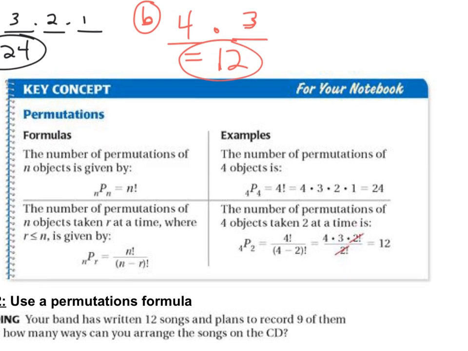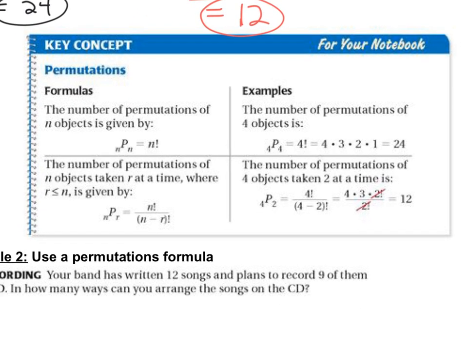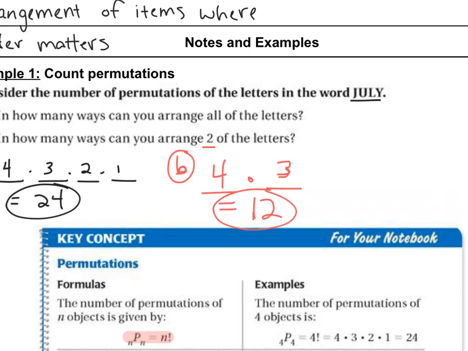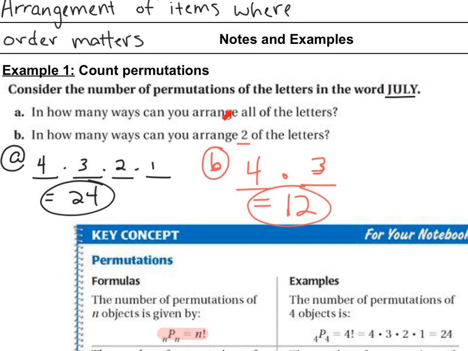Now, sometimes things can get a little more difficult. When that happens, we have 2 formulas here. We have this one, and we have this one. When it says the number of permutations of n objects is given by this, basically up there when we were talking about the number of permutations of all the letters in the word July, that would fall under the first one, n factorial.